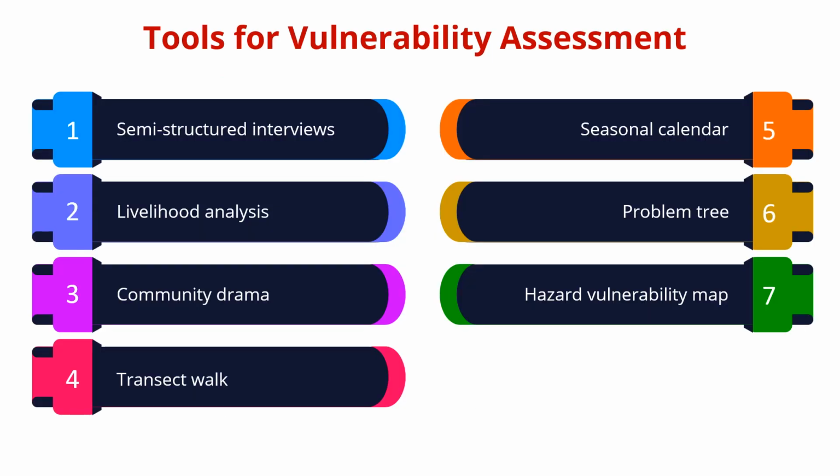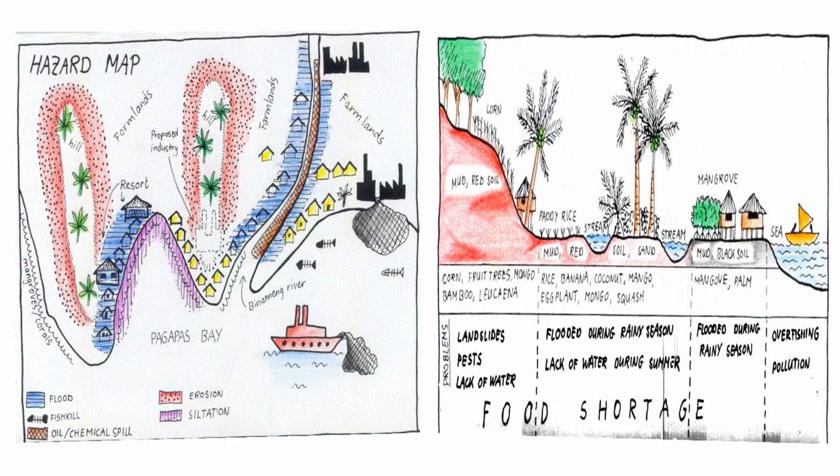The next is the hazard and vulnerability map that we can use for vulnerability assessments. Again, this is a hand-drawn one, and this is really based on the hazard map from the hazard analysis. But what we're adding here is the vulnerabilities. So we're actually identifying vulnerabilities that can or could make certain areas or communities more susceptible to the hazards.